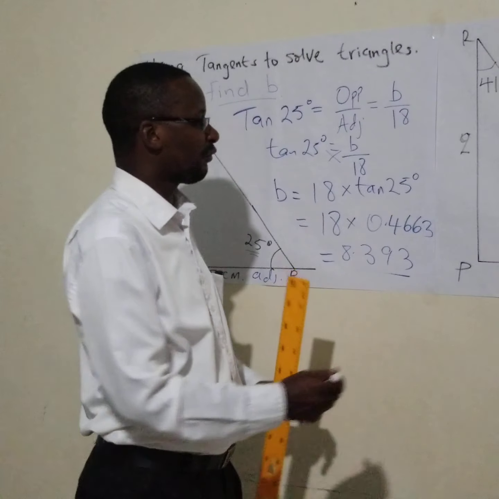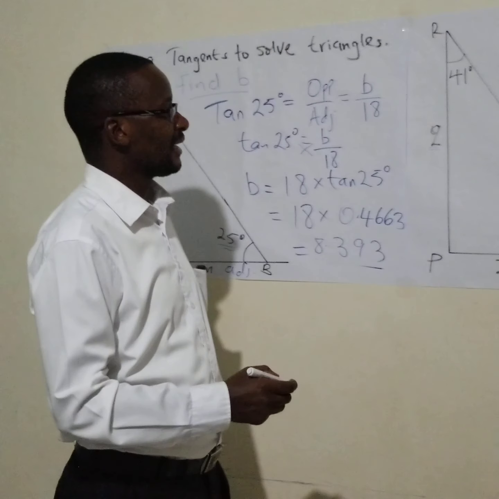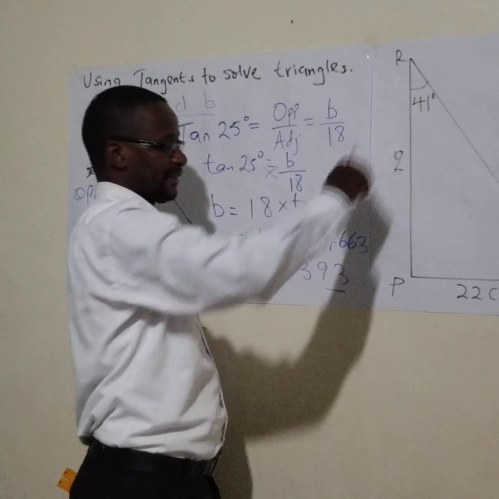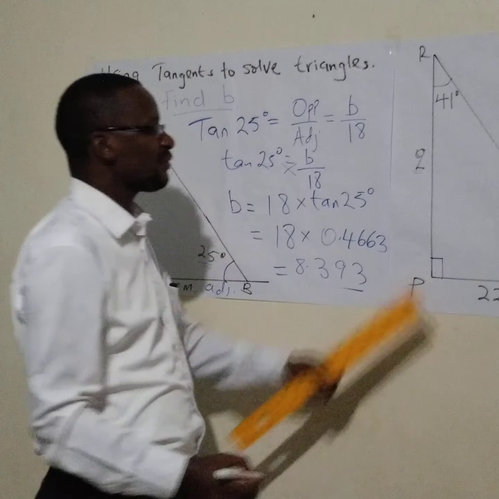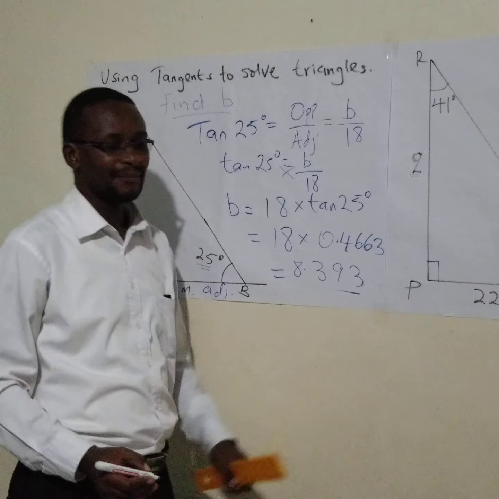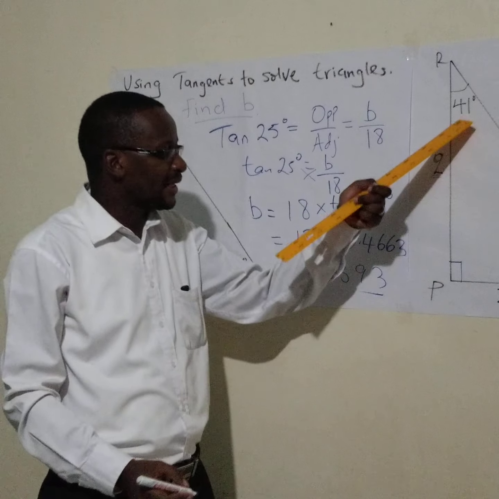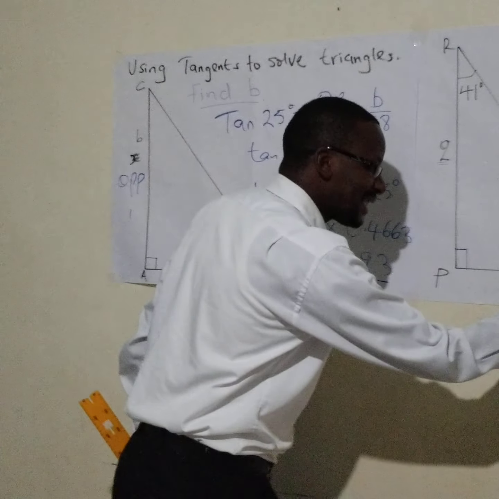So I want you to find the length Q in this case, given that this angle up here is 41 degrees. Now, you can use 41 directly. However, you know that this is 41 and the other angle here is 90, so you can also get this angle.